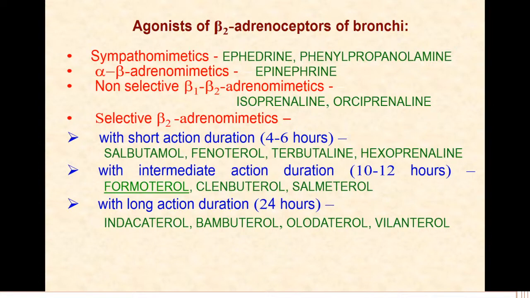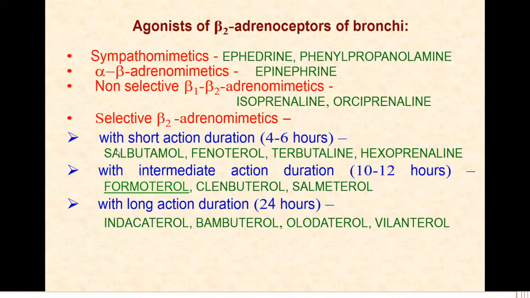For example, a patient suffering from bronchial asthma has accompanying heart diseases, bradycardia, or for example, atrioventricular block, AV block. And we need at the same time to relax bronchial smooth muscle, but to stimulate cardiac receptors. And in this situation, the best drugs are isoprenaline or seprenaline. And we will use these drugs.